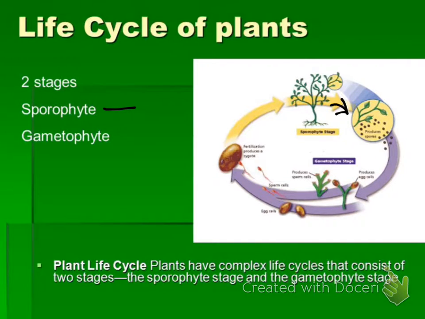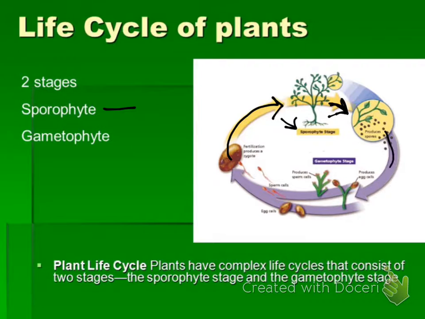And once that happens, this seed becomes fertilized. And when it becomes fertilized, it goes right back into the sporophyte stage, where the spores that are genetically identical to the parent grow up into a suitable habitat, and they grow into the new plants. Again, they produce the spores, and then it just continues around and around.